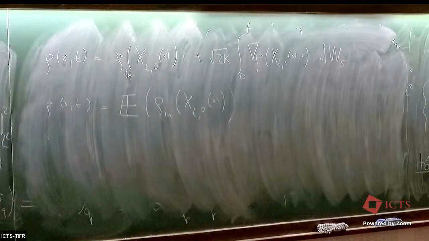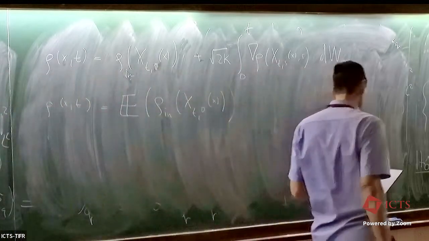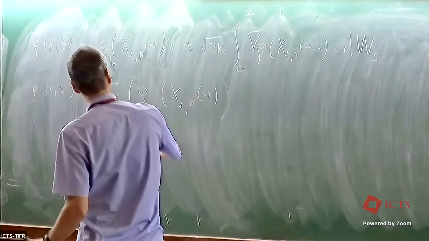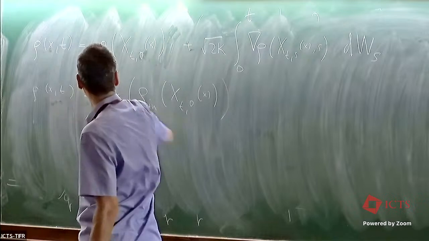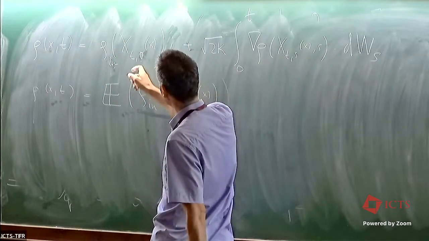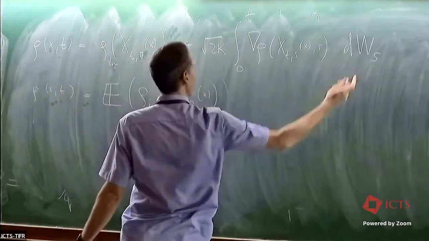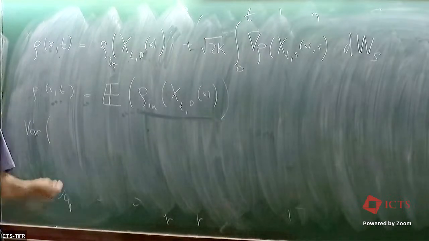Okay? So I think this is all very standard in stochastic theory. Since this is the expectation of this random field, the random field is equal to its expectation plus this. That gives me immediately a formula for the variance.